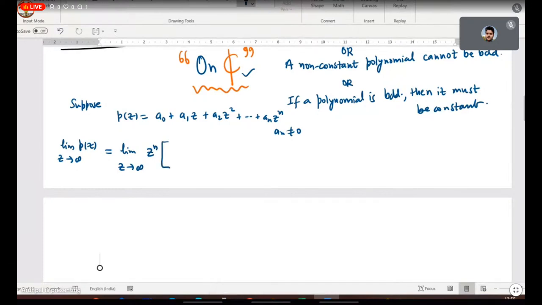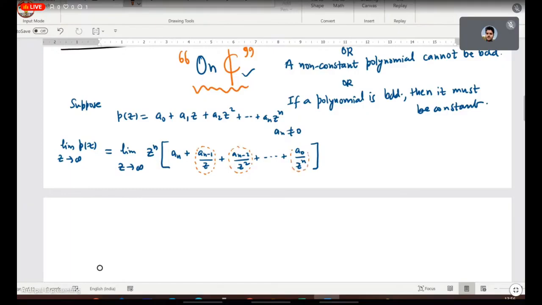If you take z to the power n common from this p(z), you will have something like this: a_n plus a_(n-1) upon z plus a_(n-2) upon z square plus dot dot dot plus a_0 upon z to the power n. Yes or no, class? Yes, sir. Now class, as z tends to infinity, what will happen to all these terms? They will vanish. Zero.